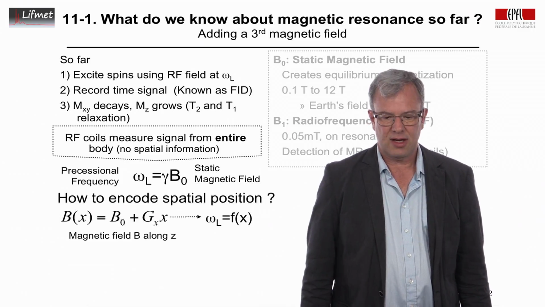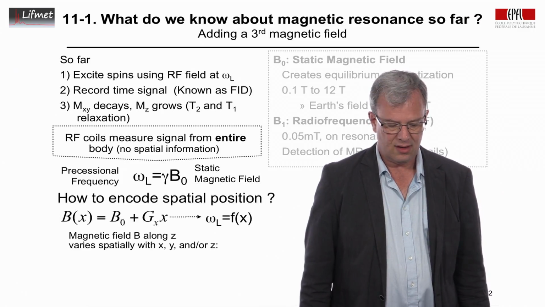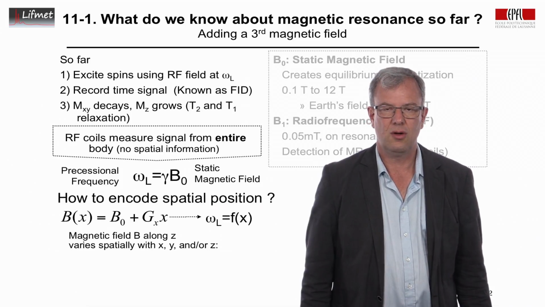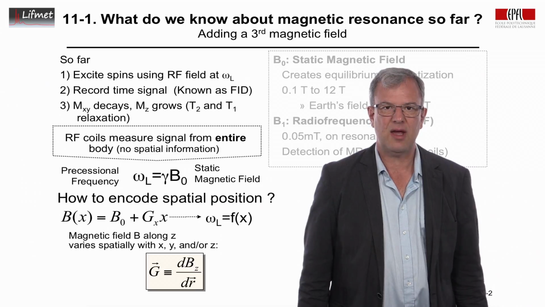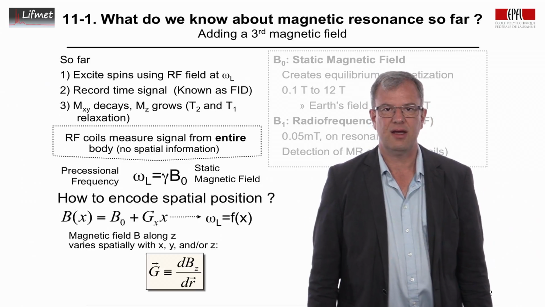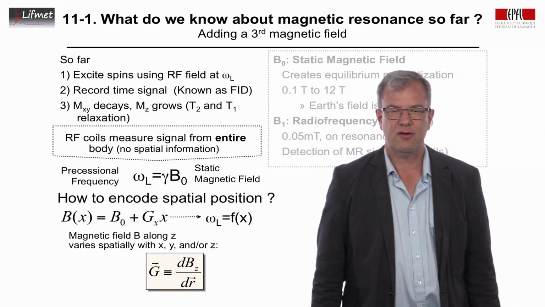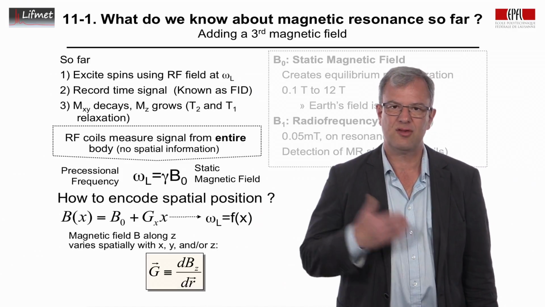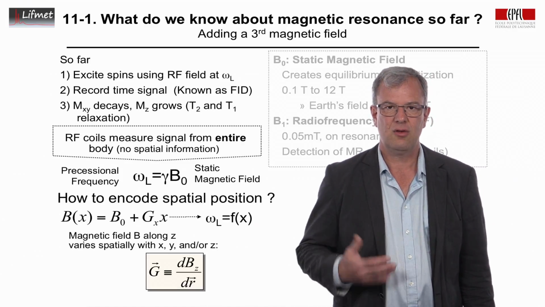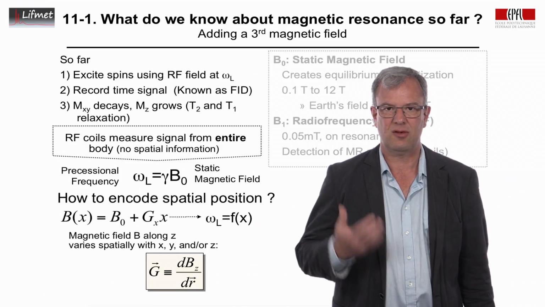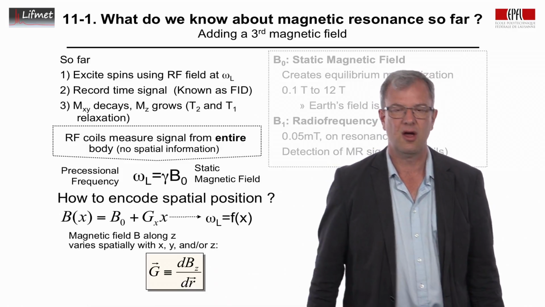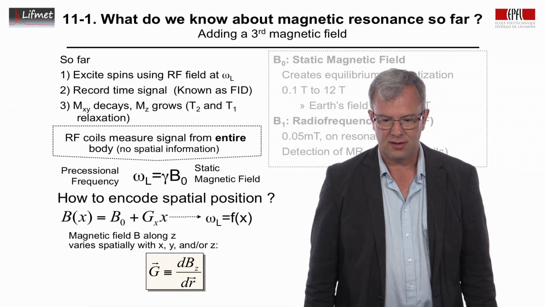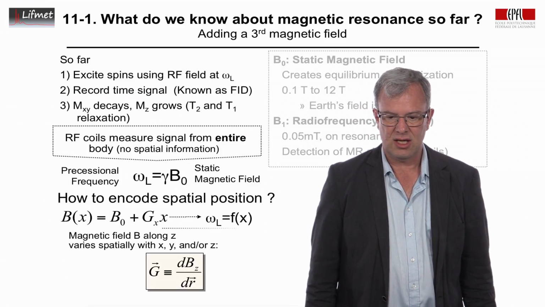So if we write the magnetic field along Z and we make it vary spatially with X, Y, and Z, this spatial variation we can define as the derivative of the Z component of the magnetic field. Remember, the static field is always along Z. With respect to position X, with respect to position Y, with respect to position Z, each of those derivatives are the components of a vector that we shall call G here.